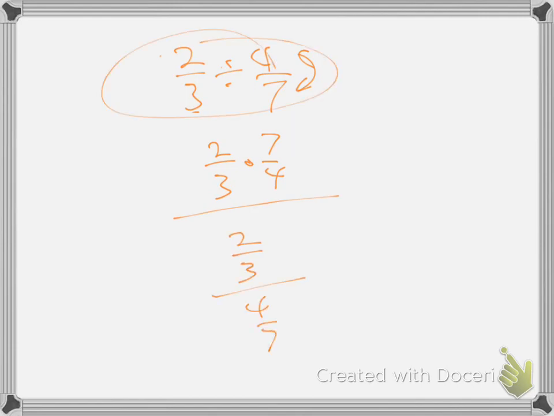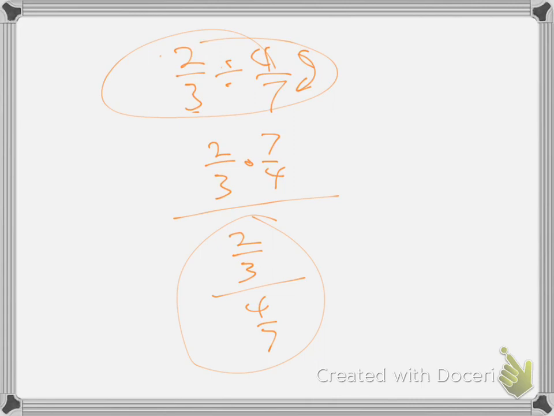Sideways or vertical, they're both 2/3 divided by 4/7. And what's the rule? You flip the 4/7. When you divide, you flip the one on the right.